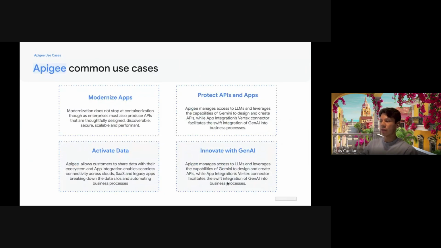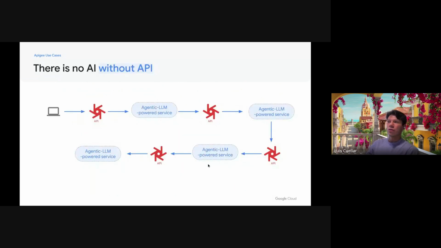Remember that an LLM or an agent is going to be consumed and is going to consume several APIs. So our idea is that we can have protection of those LLMs using Apigee. So how is this going to work?